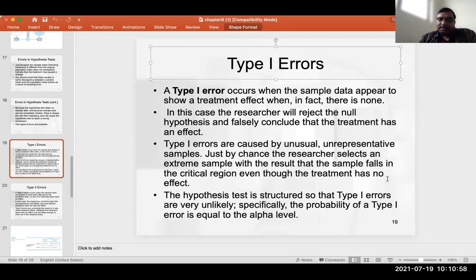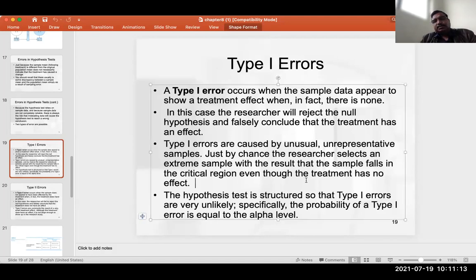If there is some problem in the sampling method or sampling techniques, or you do not select the samples properly, there may be chances of a type 1 error. So how should you design your hypothesis testing so that a type 1 error does not happen, or has a very small chance of happening?